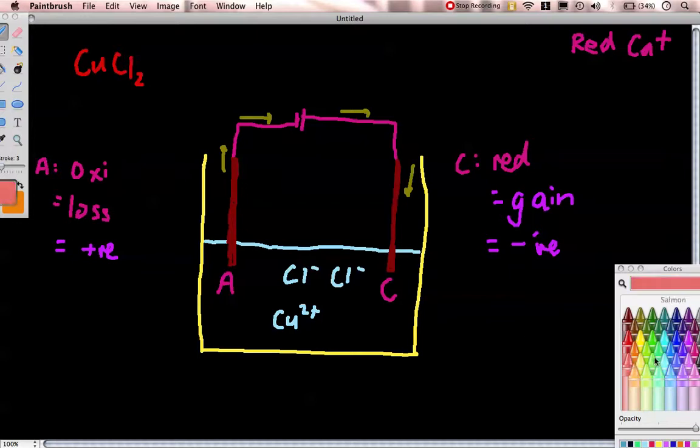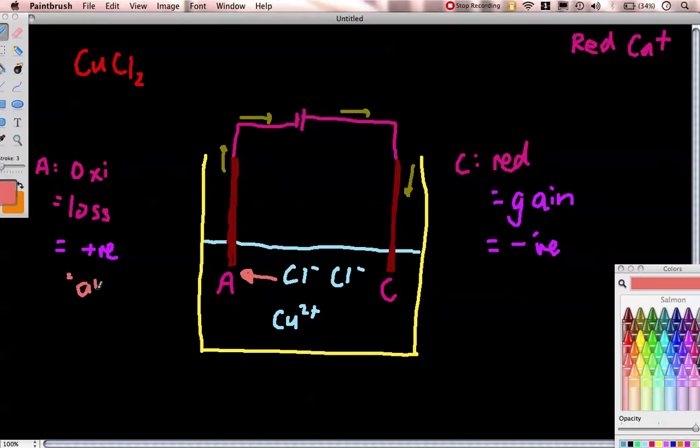Next step is to understand that if the anode is establishing a positive charge, then it starts to attract negatively charged ions. So the chloride ions start to migrate towards the anode.